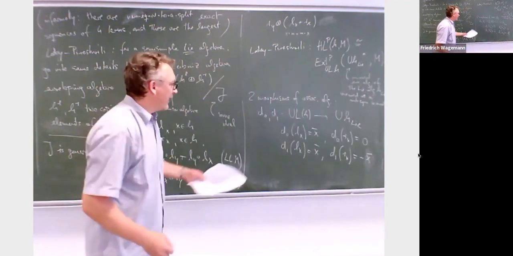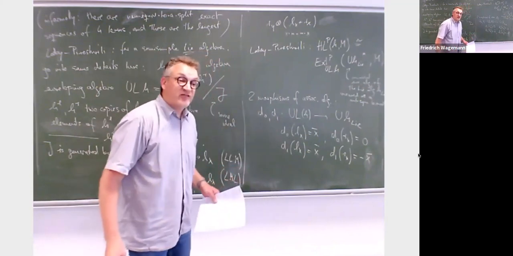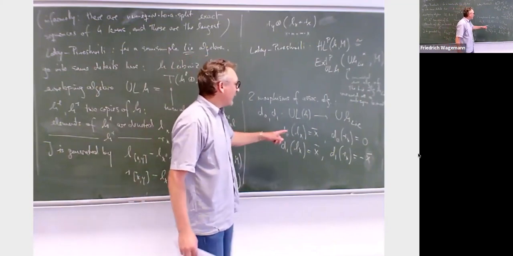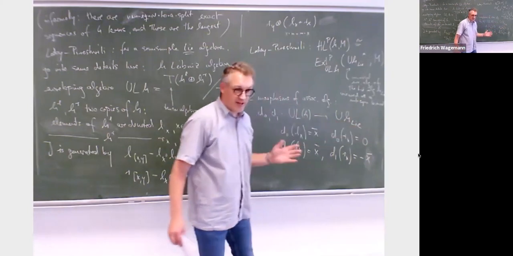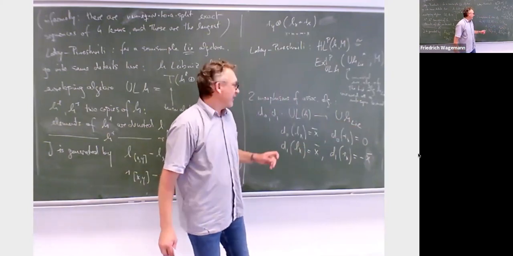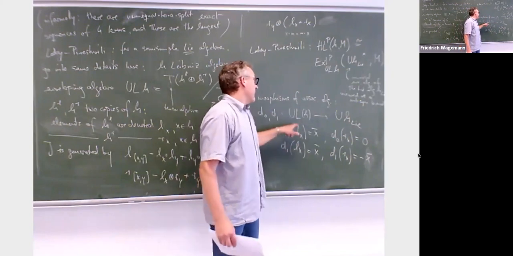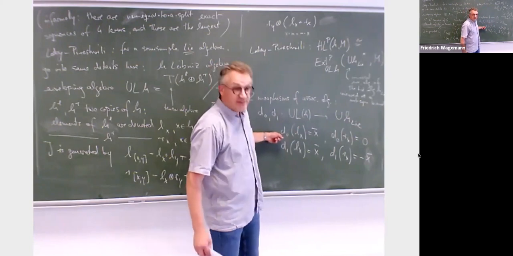And so you can say now in fancy terms that when you give yourself a left H Lie module, then you can view it as an H bimodule via D0.